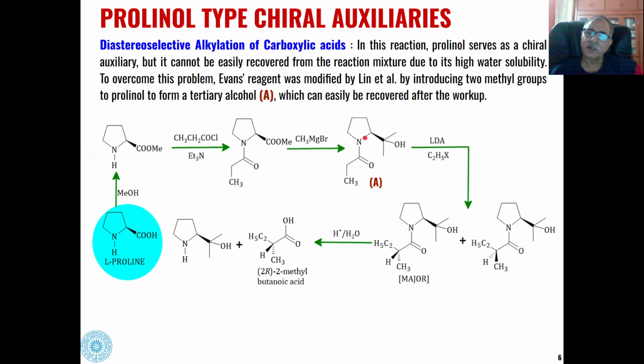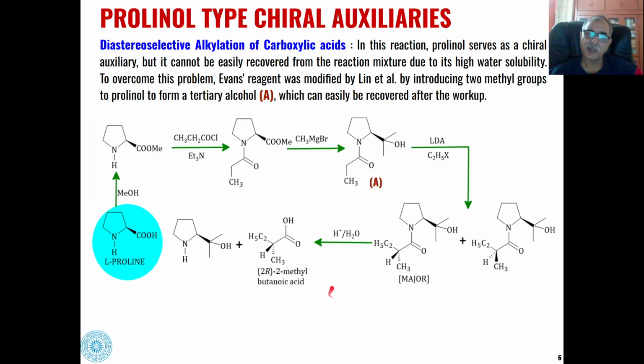First, this will generate an enolate in the presence of lithium diisopropylamide, and then that enolate will react with the alkyl halide to undergo the alkylation reaction. So both the enantiomers will be formed, but because the reaction is preferred at one of the faces, that is the Z face or Re face more, one of the enantiomers is formed in more amount and the other is formed in less amount.